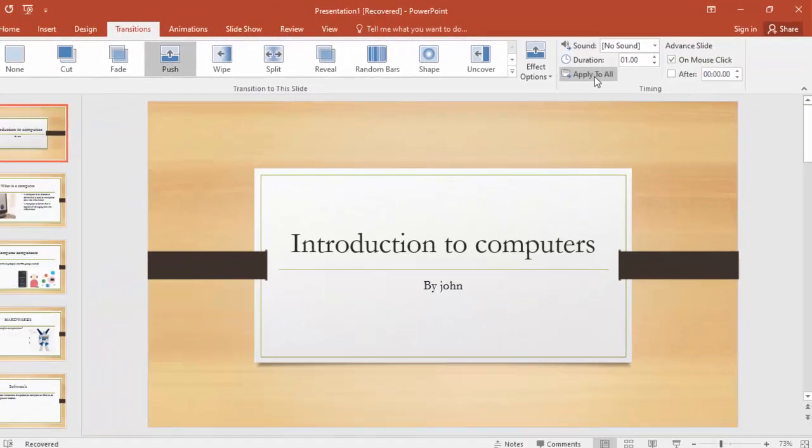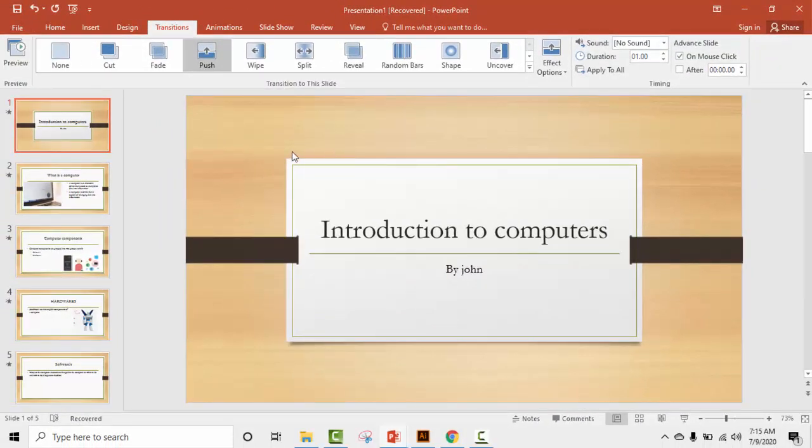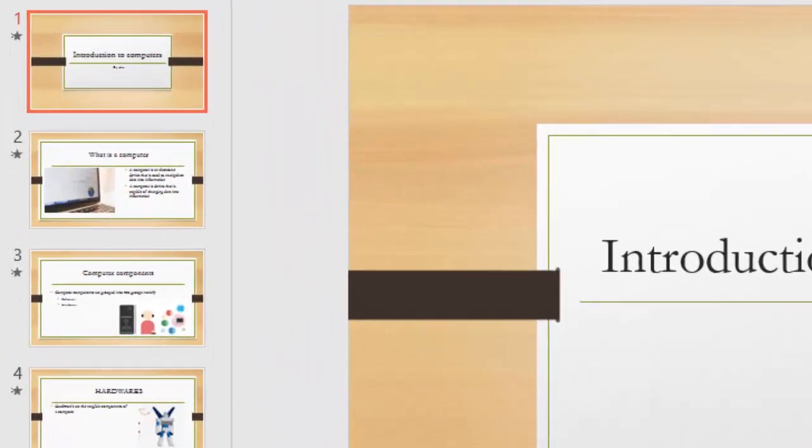What that will mean is that the transition effect will be added to all the slides. So how will you know that? When you look at the thumbnails in your presentation, just below the number you're going to see this star.